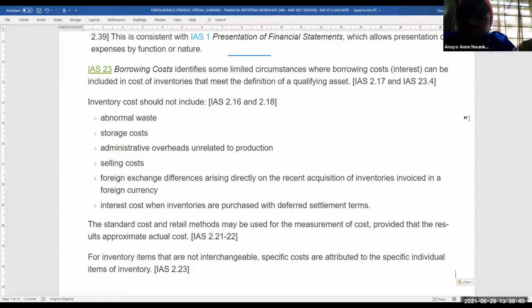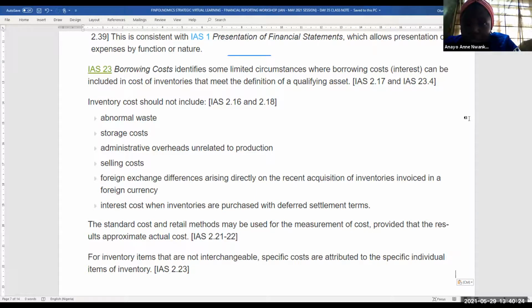Okay, thank you. Inventory cost should not include the following, with reference to IAS 2 paragraph 16 and paragraph 18. The following are: 1, abnormal waste; 2, storage cost; 3, administrative overhead unrelated to production; 4, selling costs; 5, foreign exchange differences arising directly on the recent acquisition of inventories invoiced in a foreign currency; 6, interest cost when inventories are purchased with deferred settlement terms.